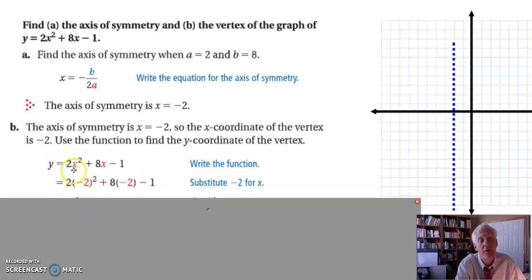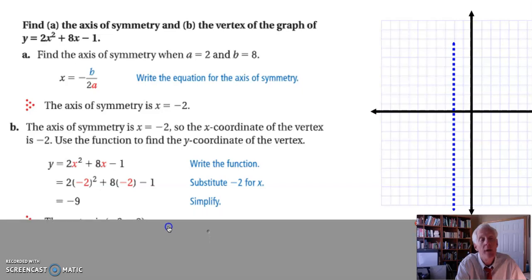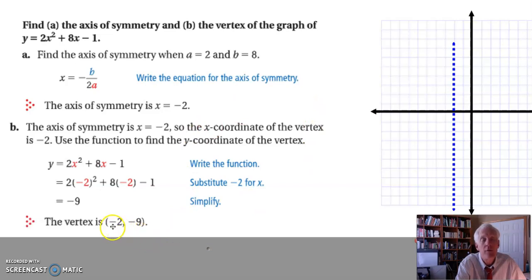We found the axis of symmetry, or the x value, and we plug it in. Negative 2 squared. Remember order of operations. Negative 2 times 8. We substitute, and we end up with the y value being negative 9. So the vertex in this case is negative 2, negative 9. We got the negative 2 from negative b over 2a, and negative 9 by plugging it in.